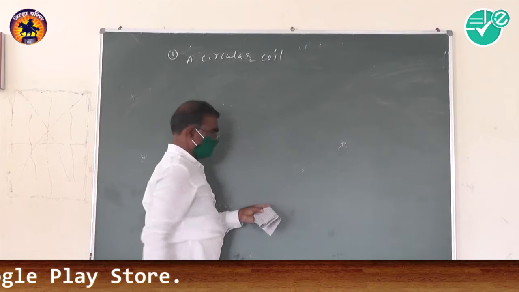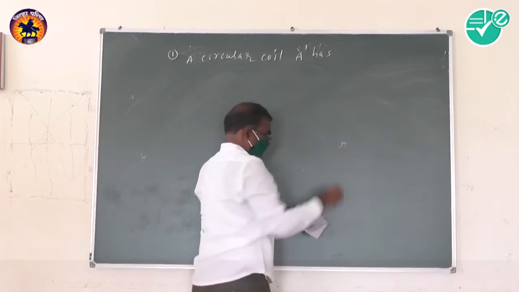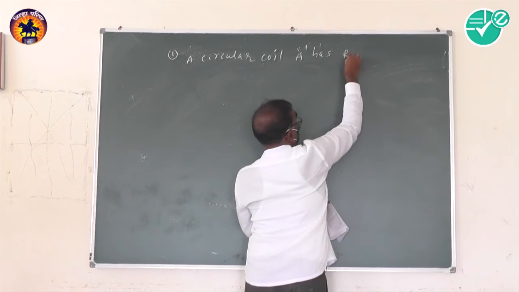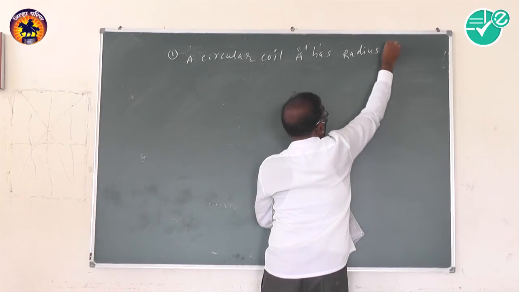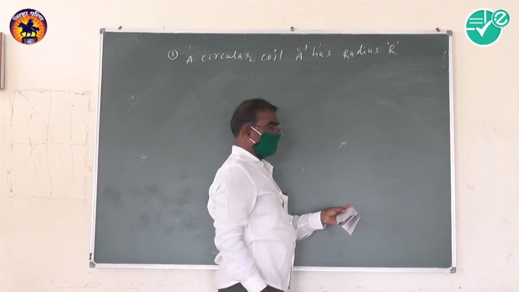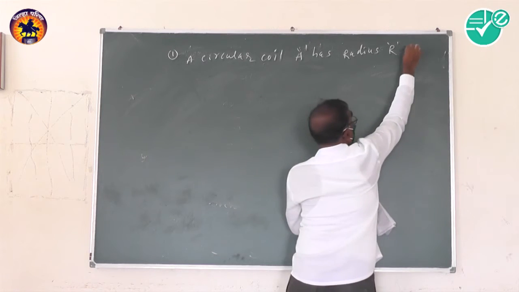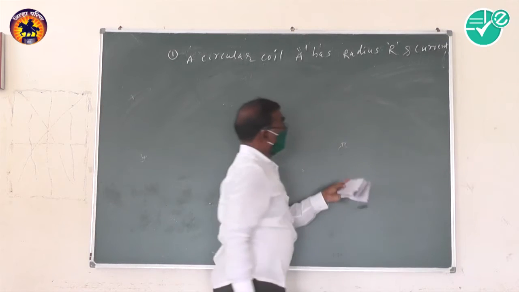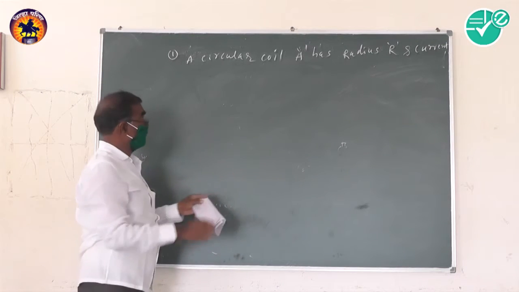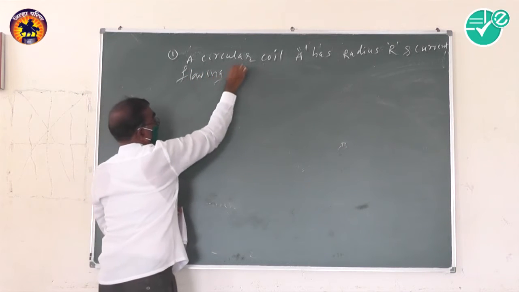circular coil A has a radius capital R, and current I flowing through it.